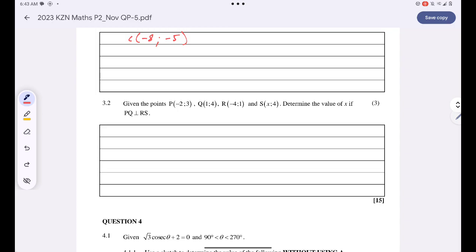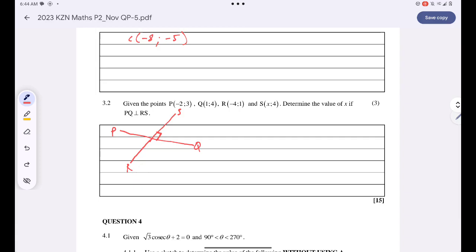Let's say you have P and Q over here, and then we have R, maybe S is over there. And we are told that these two lines are perpendicular like this, né?